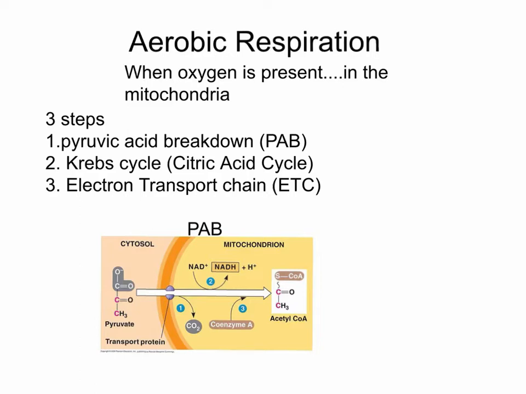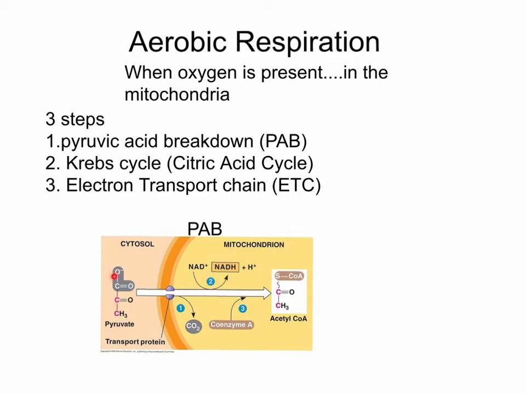One of the hard things about this unit is that a lot of stuff has multiple names. The next video is going to talk about the Krebs cycle, also called the citric acid cycle, so they mean the same thing. And finally, we have the electron transport chain, or the ETC, which I'll explain in the next video. But for this video, I wanted to make sure we understood pyruvic acid breakdown, or PAB.